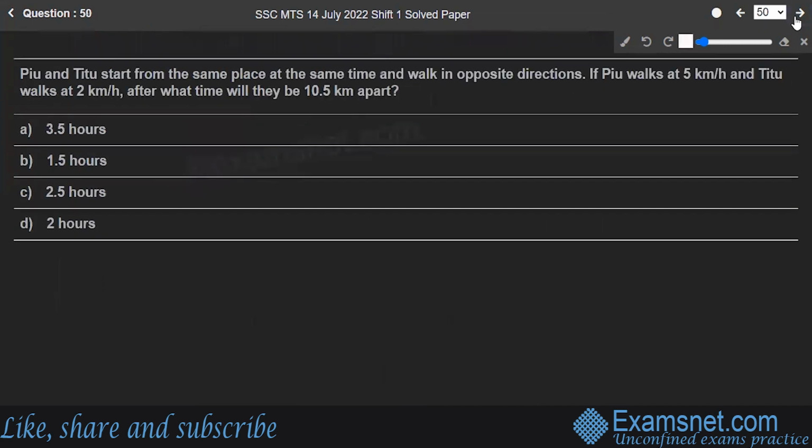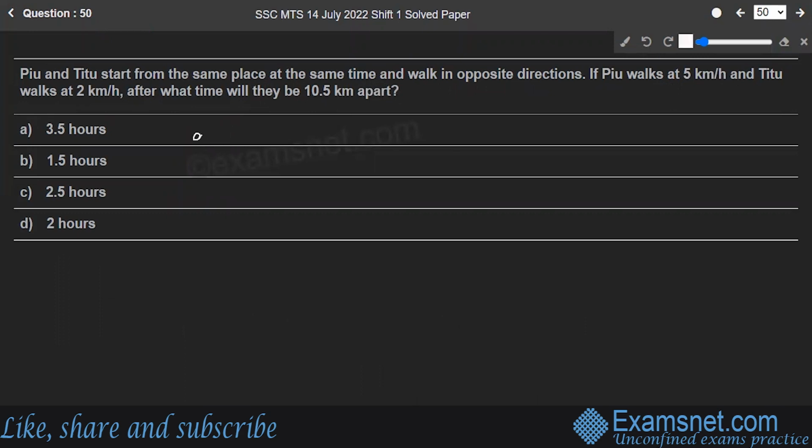And with that, let's move to the last question of our mathematical section. P and Q start from the same place at the same time and walk in opposite directions. If P walks 5 kilometers per hour and Q walks 2 kilometers per hour, after what time will they be 10.5 kilometers apart? Okay, so everything we are given over here, let's write down.